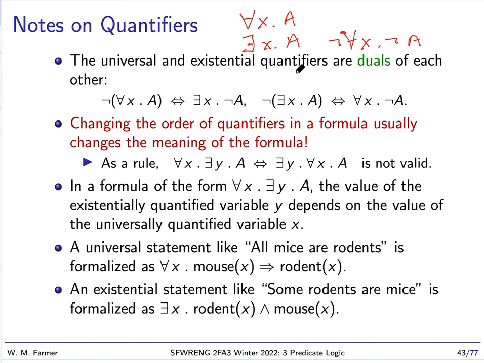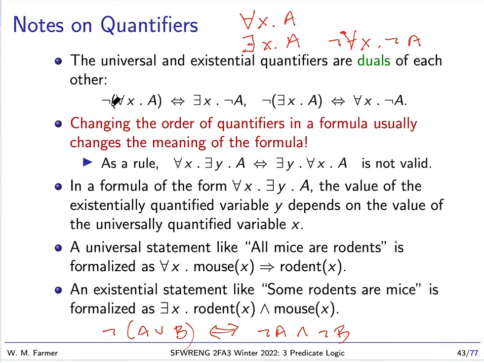Okay, so we can think of universal and existential quantifications as duals of each other. It's something similar to the De Morgan laws. Remember the De Morgan laws, where if I had the negation of A or B, that's equivalent to the negation of A, and then I flip this and the negation of B. So it's something similar here.